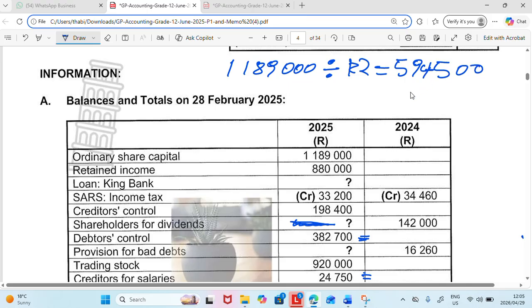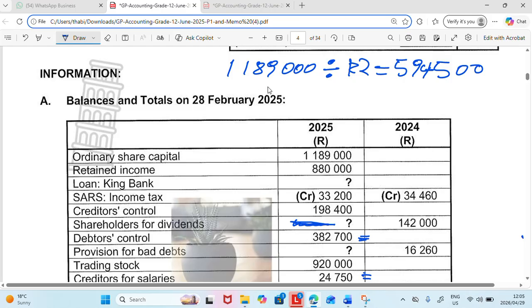This is the actual number of shares. Sorry, guys, that 1,189,000 does not include the 30,000 shares that were repurchased.